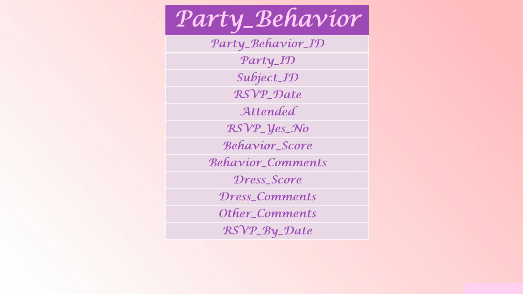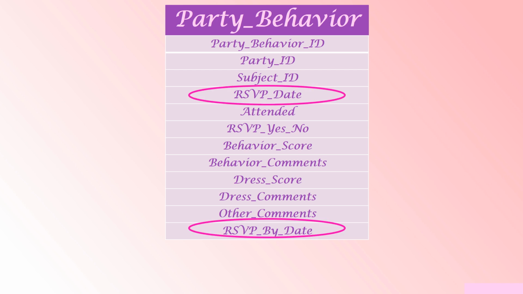So the fields that we're interested in are the RSVP date and the RSVP by date. The RSVP date is when the subject actually RSVP'd, and the RSVP by date is the requested date to RSVP. So a possible query to identify those subjects who were RSVPing after the RSVP by date may look like this.